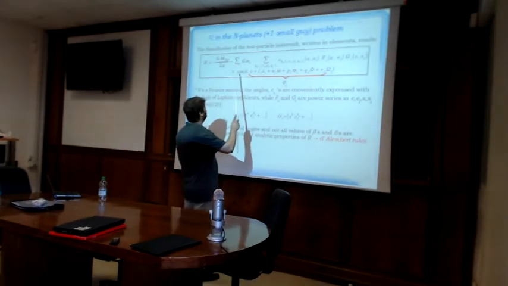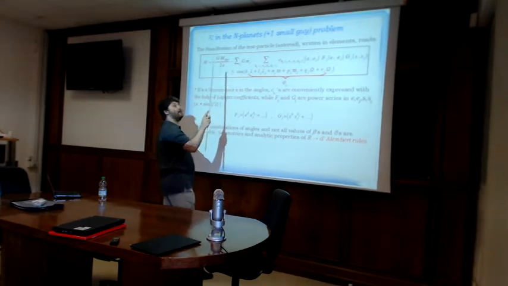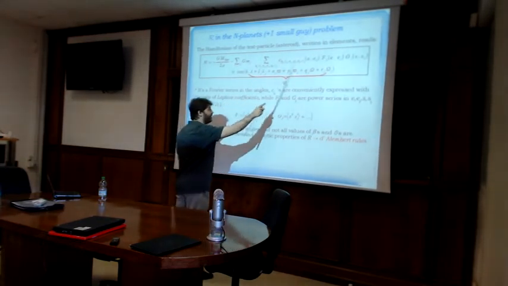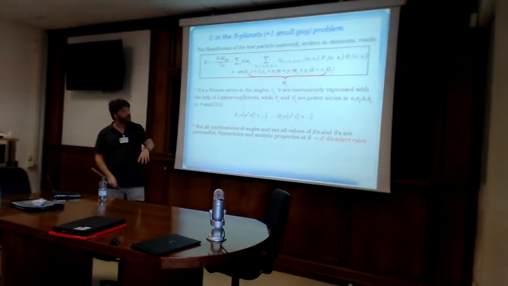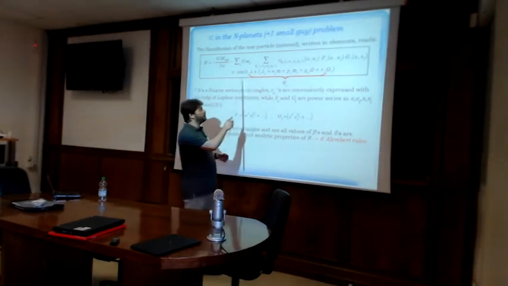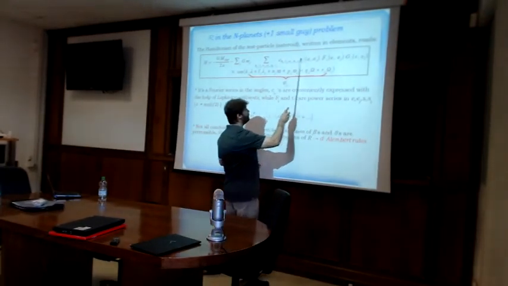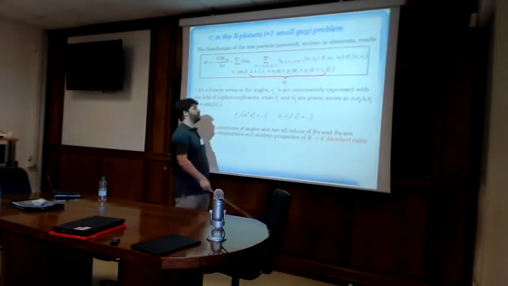Okay? So the Keplerian is just this, if I write it in elements. And if I have many planets perturbing the asteroid, I have a sum over the planets. And for each planet, I have a Fourier series, which contains the elements of the asteroid and the planet. So you have here linear combinations of all angles. And you have here coefficients, which depend on the semi-major axis, eccentricities, and inclinations.